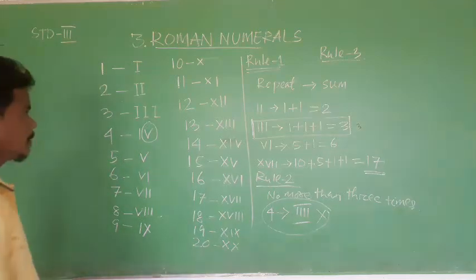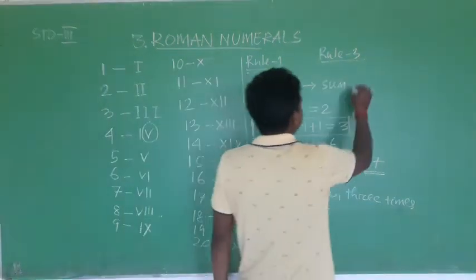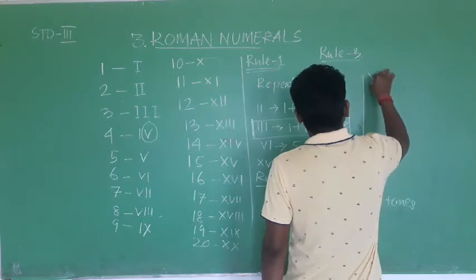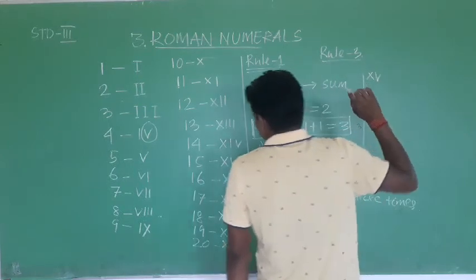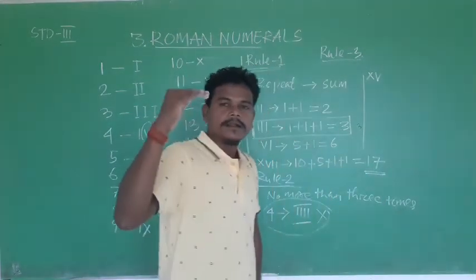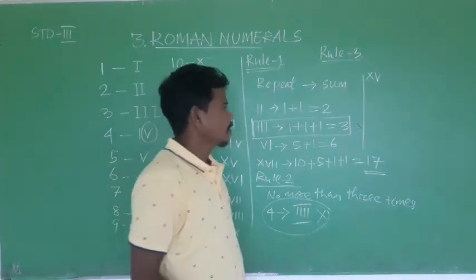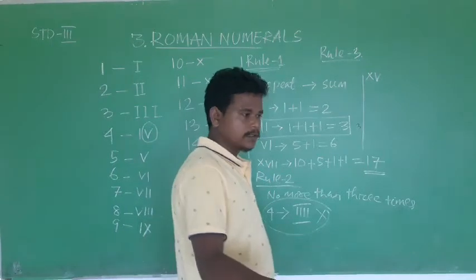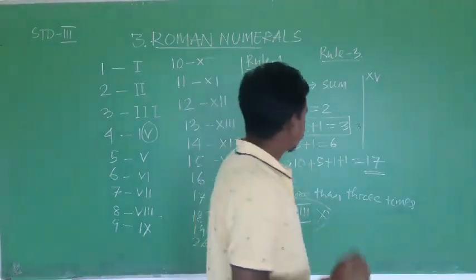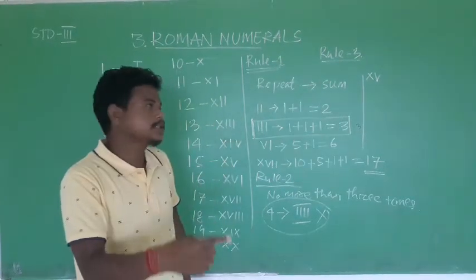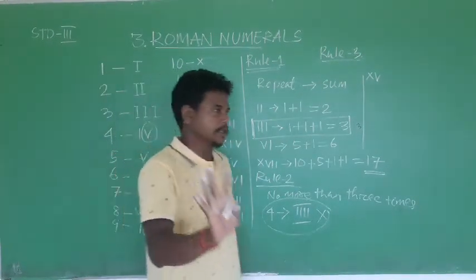Okay, see, when a Roman numeral is placed after a numeral of greater value, then the resulting numeral will be their sum.